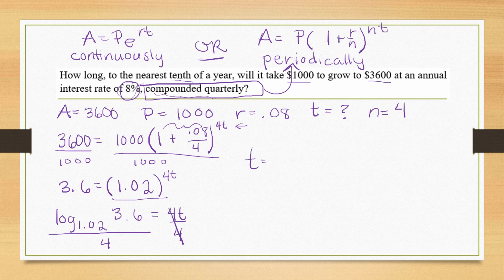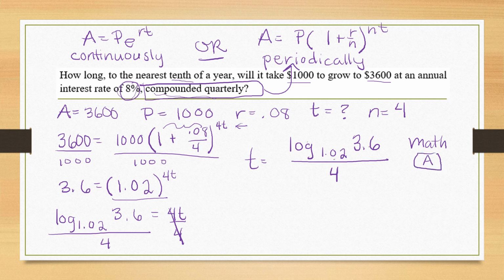So in the calculator, I am going to write log base 1.02 of 3.6 over 4. Now, if you have a TI-84, you can use math, and then you choose option A, and you can fill these in, the 1.02 and the 3.6. If you don't, you'll have to use change of base.